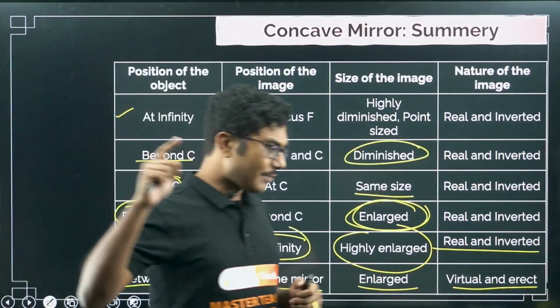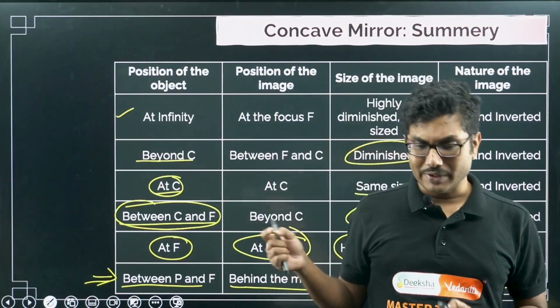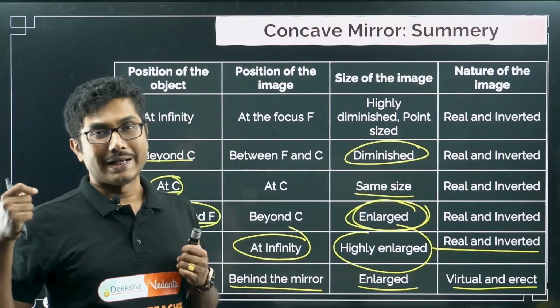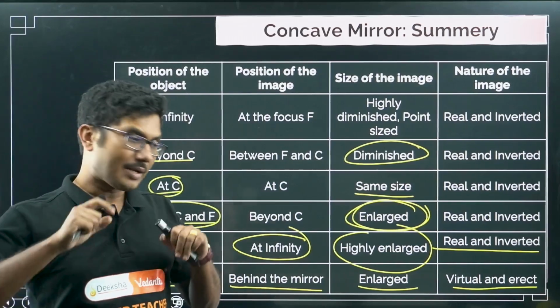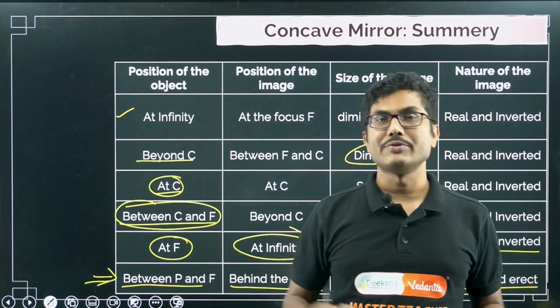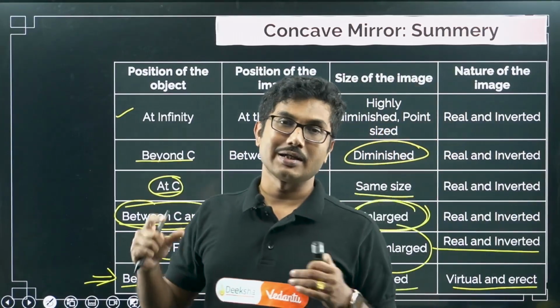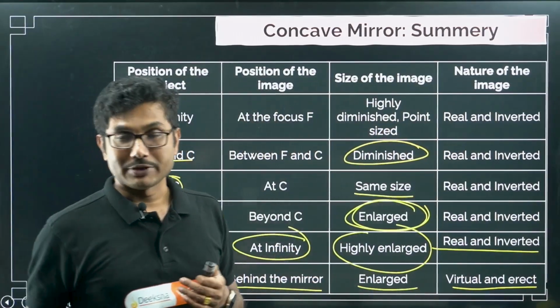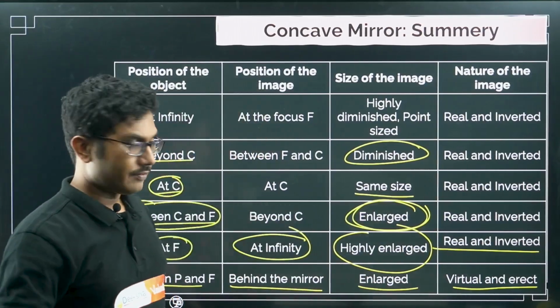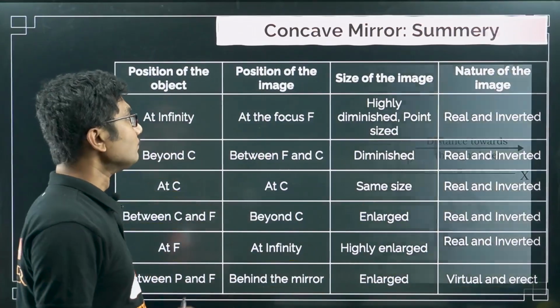One time I saw a question where they mentioned the mirror which can produce an enlarged virtual image. They have not mentioned it is a concave mirror, but they have given you a hint. Enlarged virtual image is possible only by a concave mirror, not by a convex mirror. So you have to be careful about that.